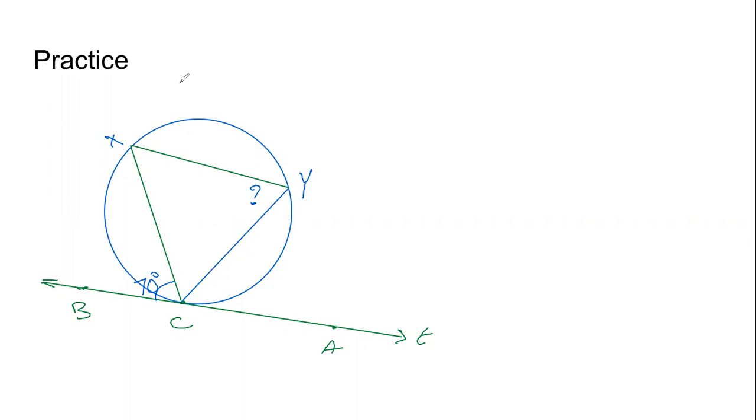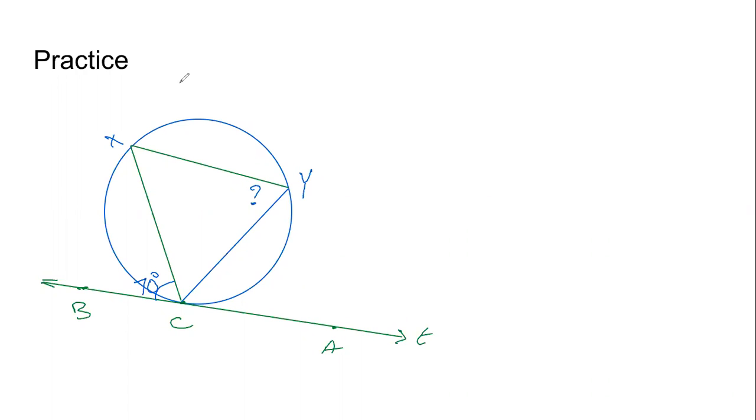There is an angle between them, XCB, which is of the measure 70 degrees. The question is, how much is angle XYC? Give me the measure, Karina. Chand is saying 140 degrees.